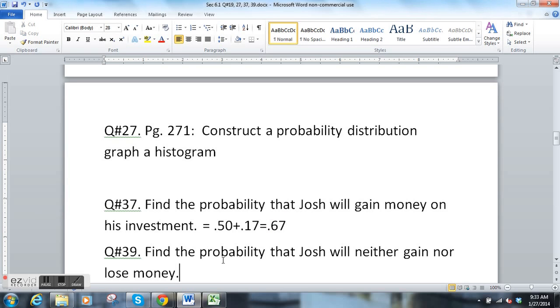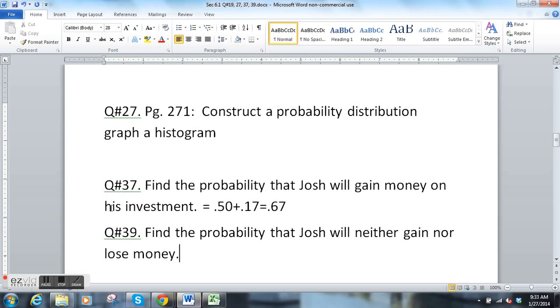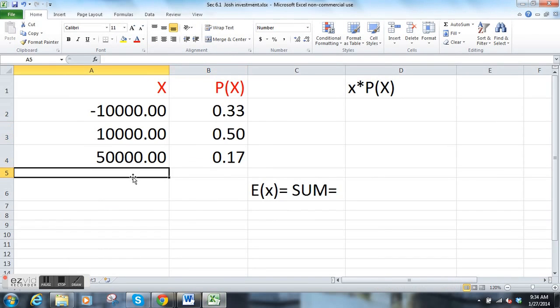Find the probability that he will neither gain nor lose money. I put this one on here because it's a bit of a trick question. Looking at the chart, that means what is the probability that he makes 0 money? And we don't have x equals 0. So there's a 0 chance that he will neither gain nor lose money, because he's always losing money or gaining money.